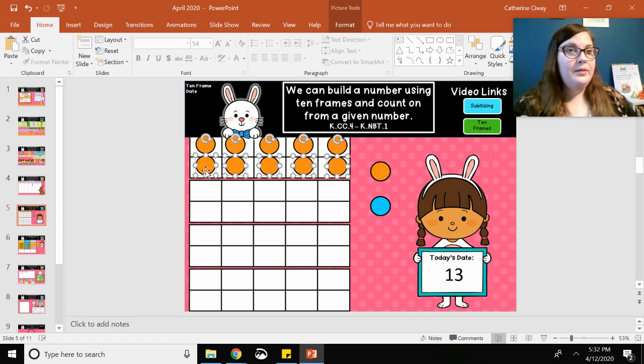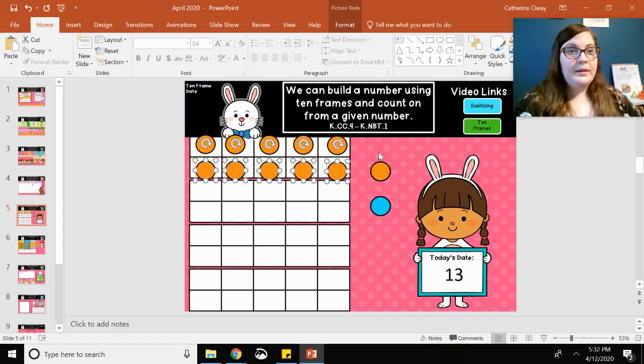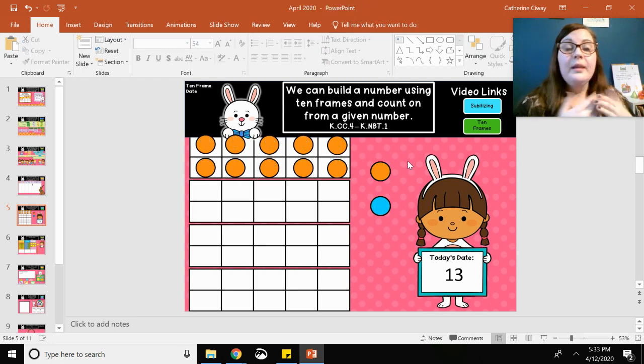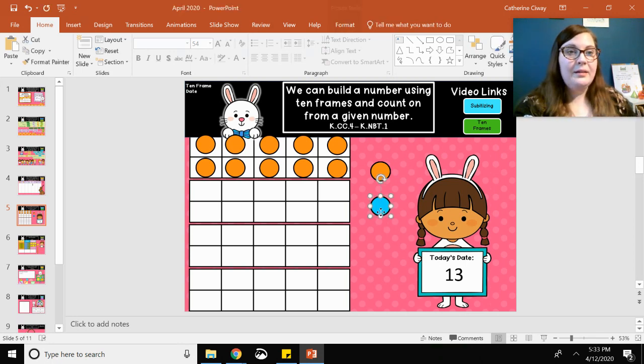So I have a group of 10. In my teen numbers, if I know that there's a group of 10, I have to know how many more makes 13. So 10 plus what? 10 plus what? 10 and 3 make 13. It's one of those numbers that we should just know in our brains. 10 and 3 make 13.